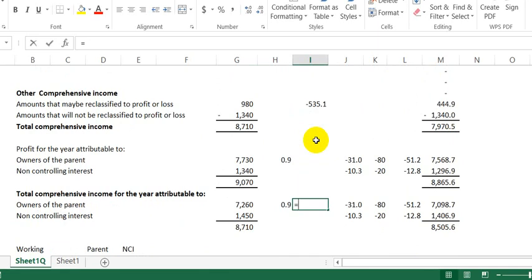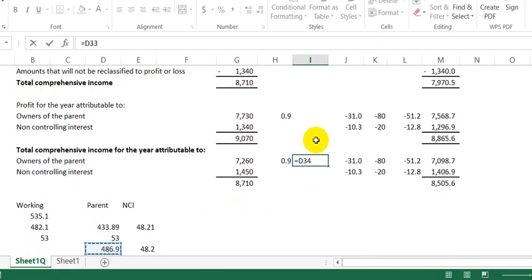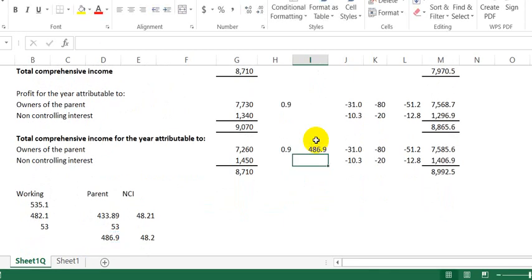So parent, NCI, that concludes our working. Let's verify with the model answer.